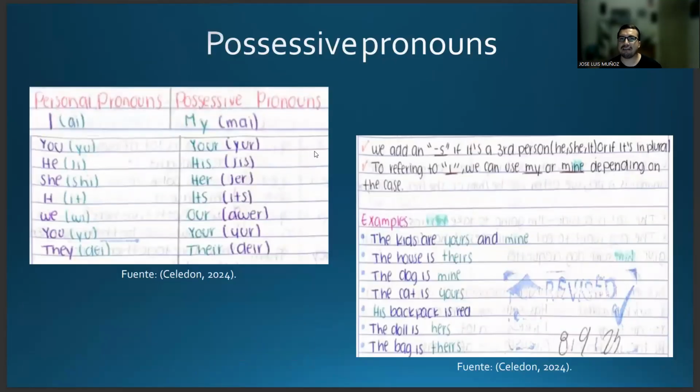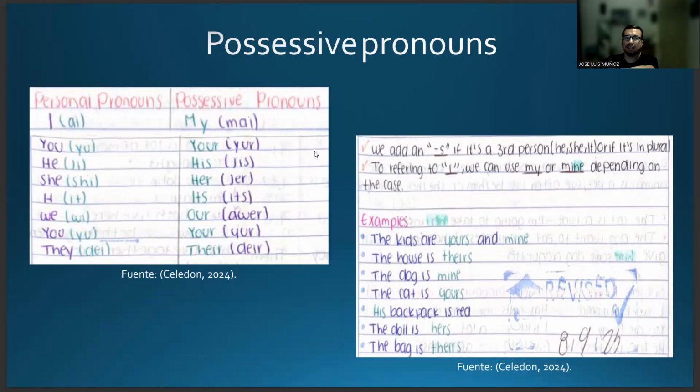Then you have possessive pronouns. You have I, you, he, she, it, we, you, they, the same that we saw before with the subject pronouns, but in this case, possessive. This is my name. This is mine. This is yours. This is his.